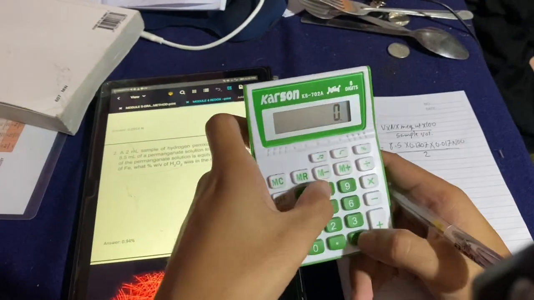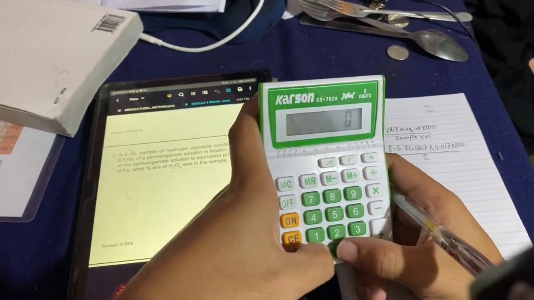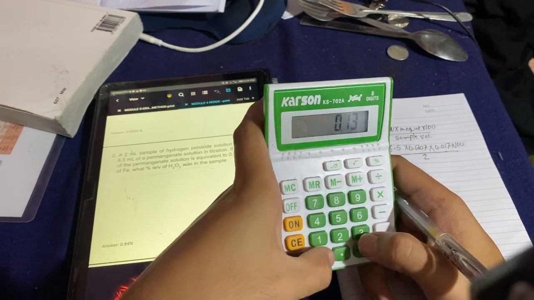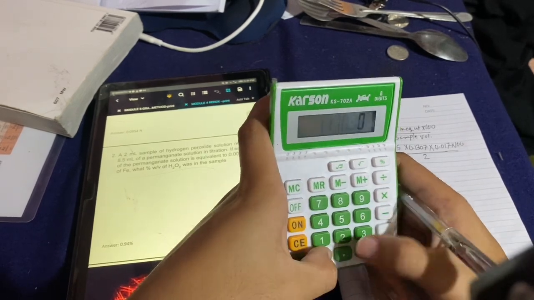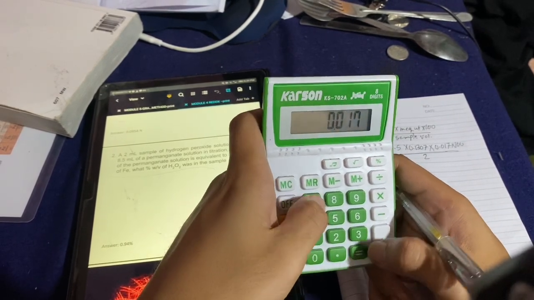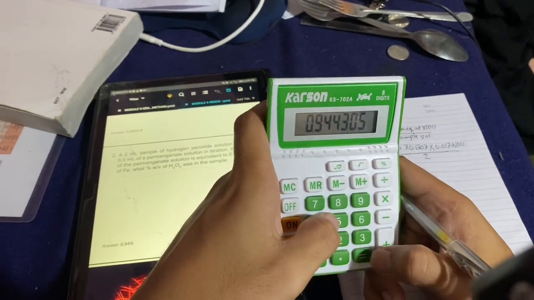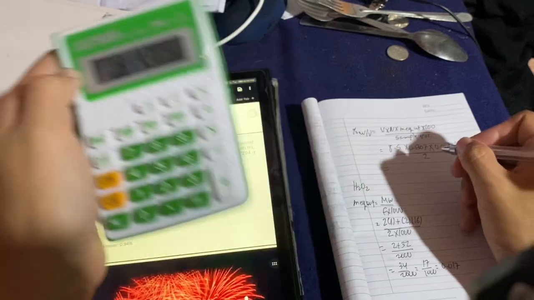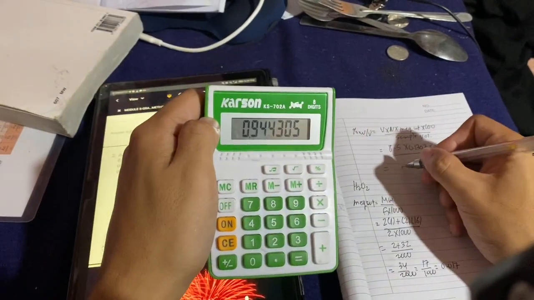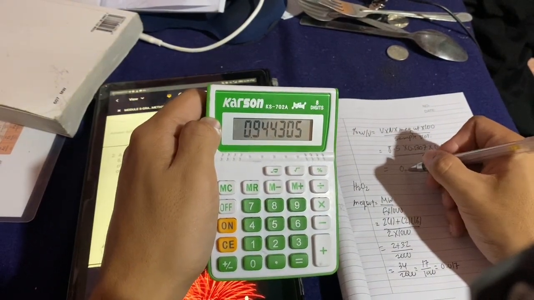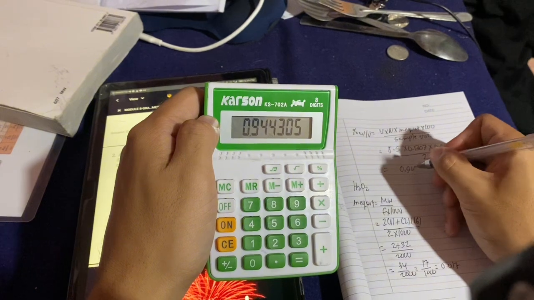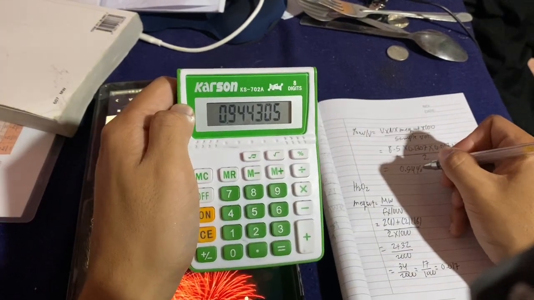We have 8.5 times 0.1307 times 0.017 times 100 divided by 2, which will be equal to 0.94. So let's say 0.94, and that's our answer for this question.